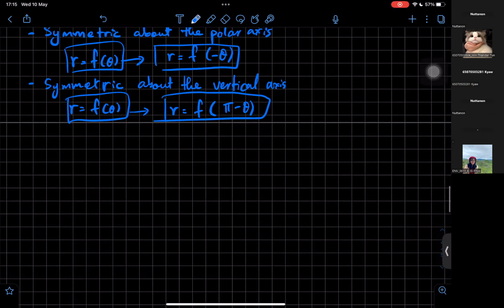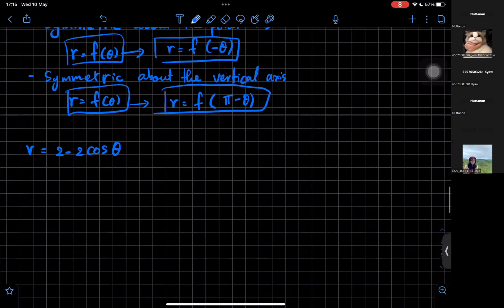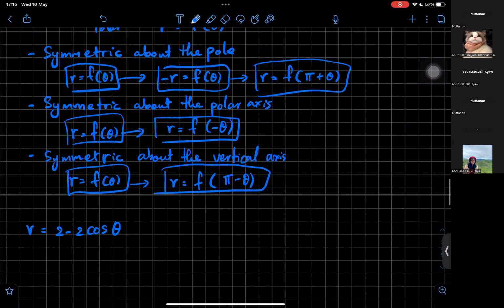Let's see some example. Say I get r equal to 2 minus 2 cos theta. Is it symmetric to the polar axis or the vertical axis, or none of them? First I check the pole.